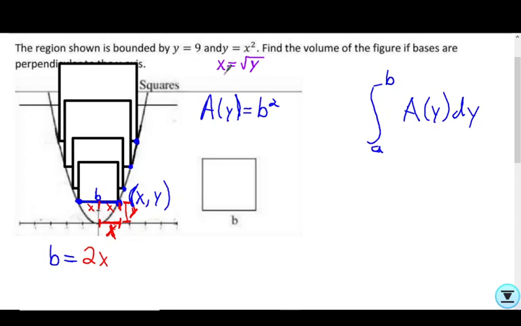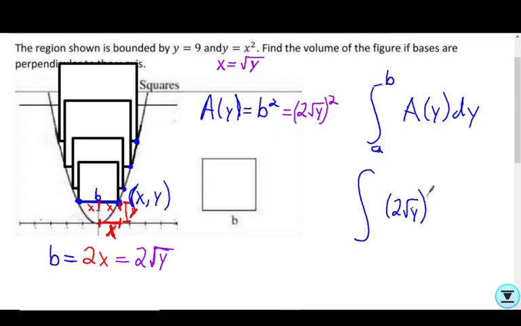So that changes my base equation to 2 square root of y, which also makes my A(y) equal to 2 square root of y, squared. Okay? So now we've got part of my integral set up already. It's going to be the integral, and the area equation is (2 square root of y) squared dy.